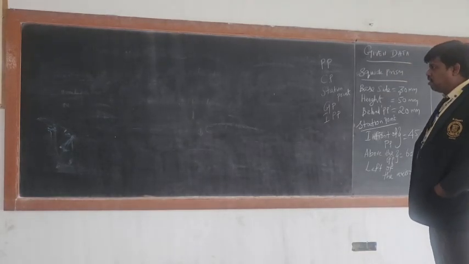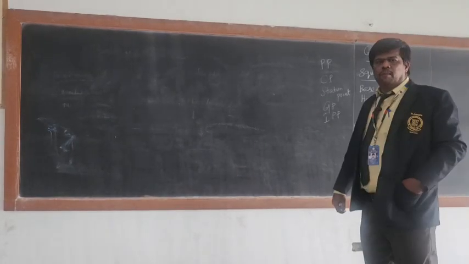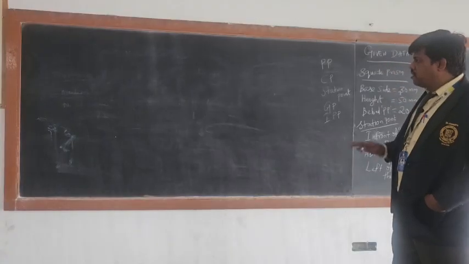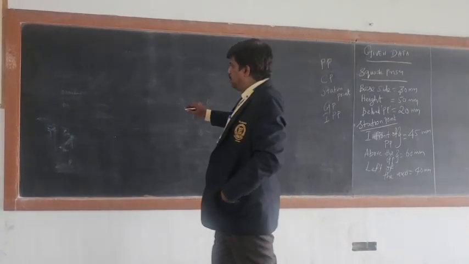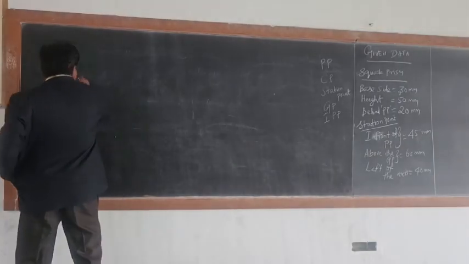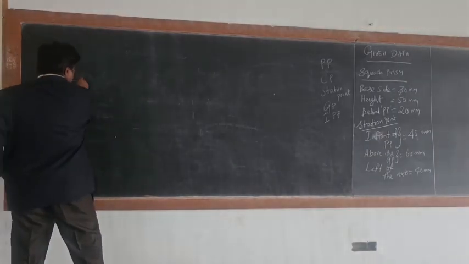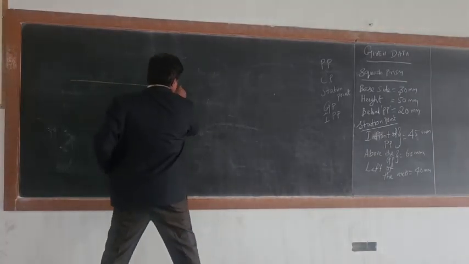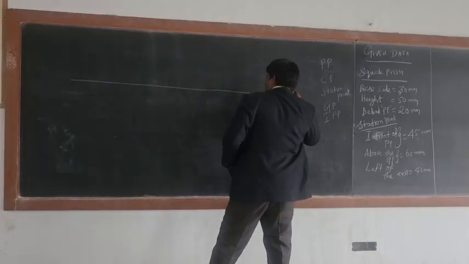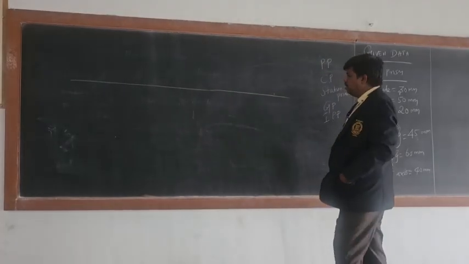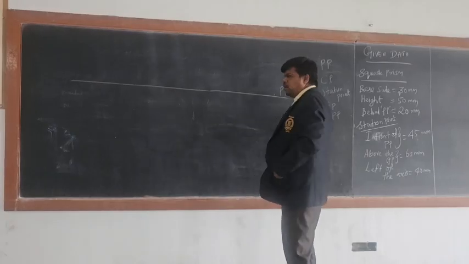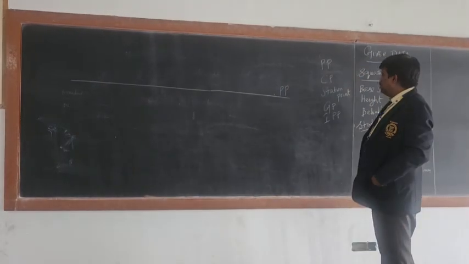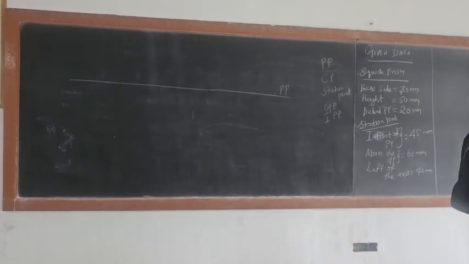So first we can draw. Always in perspective projection, first we have to draw the fixed plane. This is called the fixed plane, denoted AB. Then where is it resting?